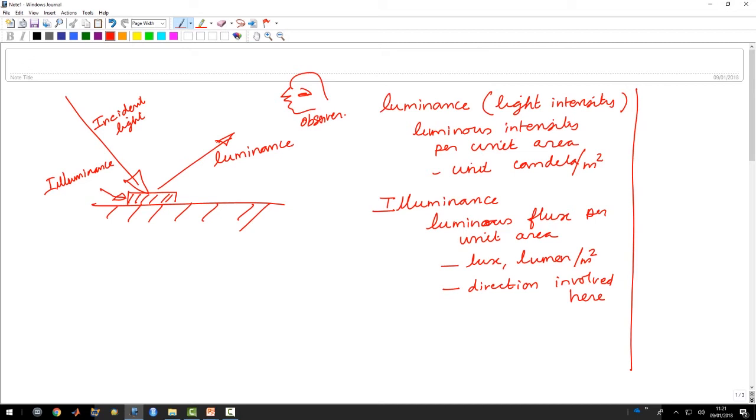How much light is coming to the observer is called the luminance. So luminance is also called the brightness. Luminance is a physical quantity, whereas when it is perceived by the observer, it becomes the brightness. Brightness is a psychological quantity, right? It's subjective. There is another term, we can also call it apparent. Some researchers say apparent luminance.